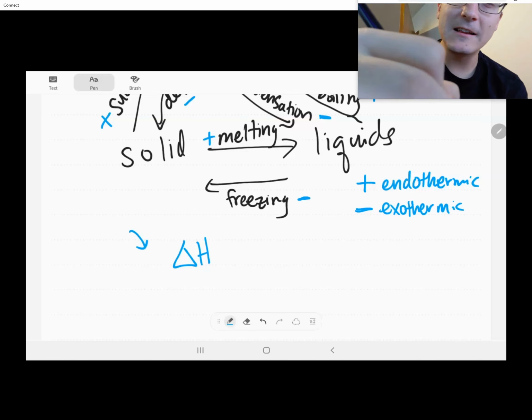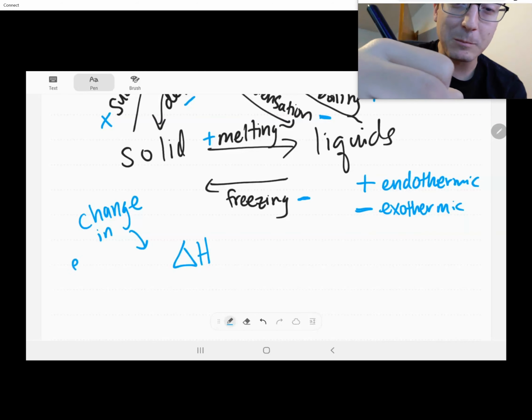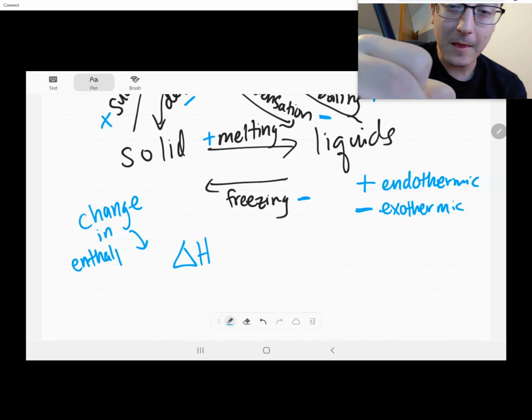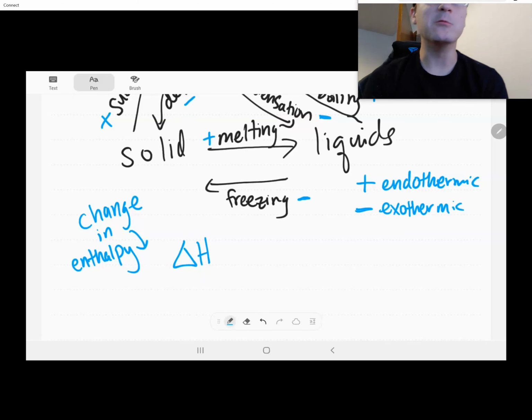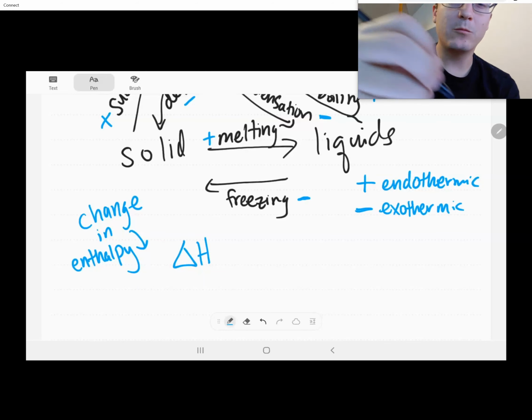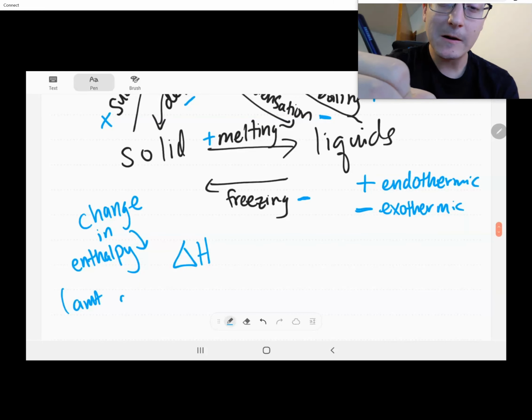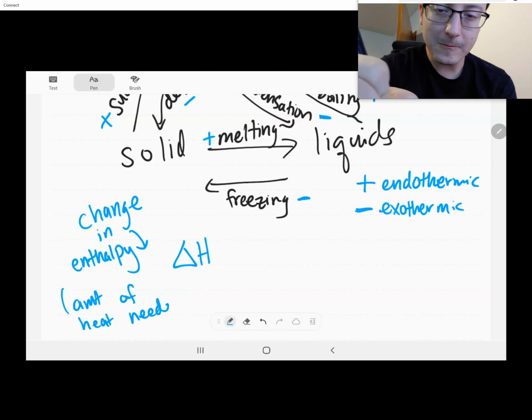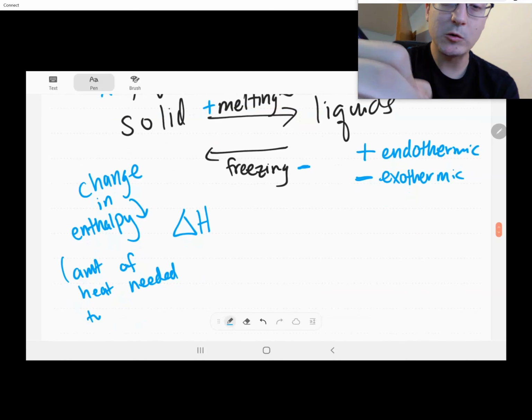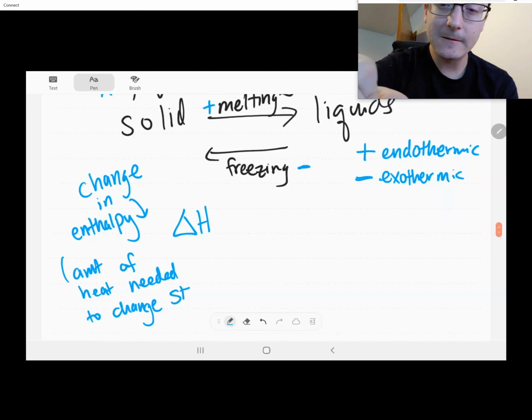This is technically the change in enthalpy. Crazy big words, right? Which, in real language, is the amount of heat needed to change state.